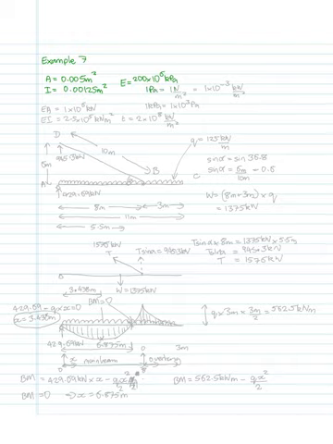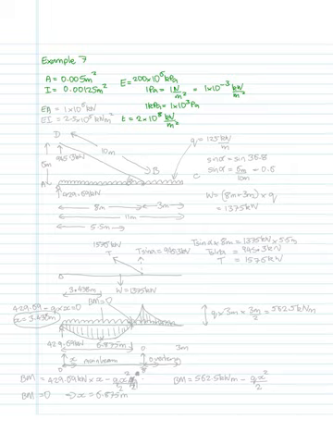1 Pascal is equal to 1 Newton per meter squared, which is also equal to 1 times 10 to the minus 3 kilonewtons per meter squared. And so 1 kilopascal is going to be equal to 1 times 10 to the 3 pascals, which means that E is equal to 2 times 10 to the 8 kilonewtons per meter squared.